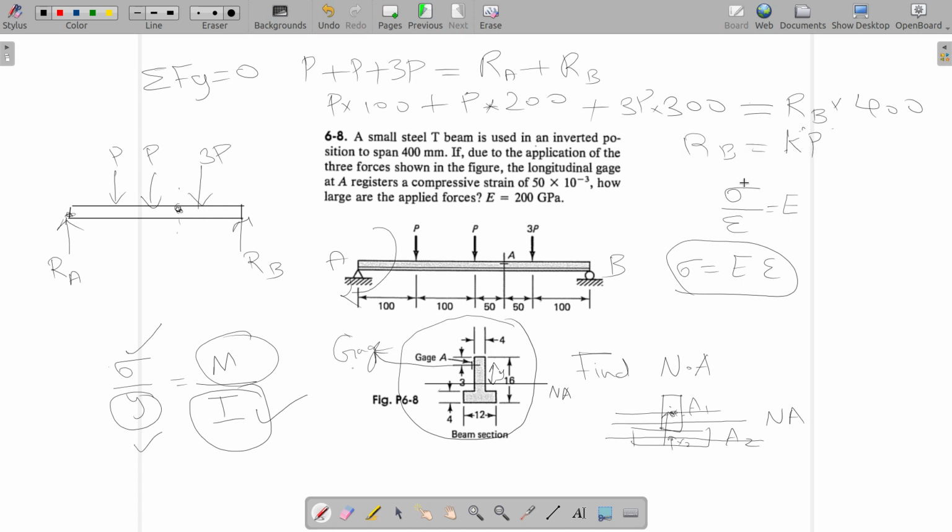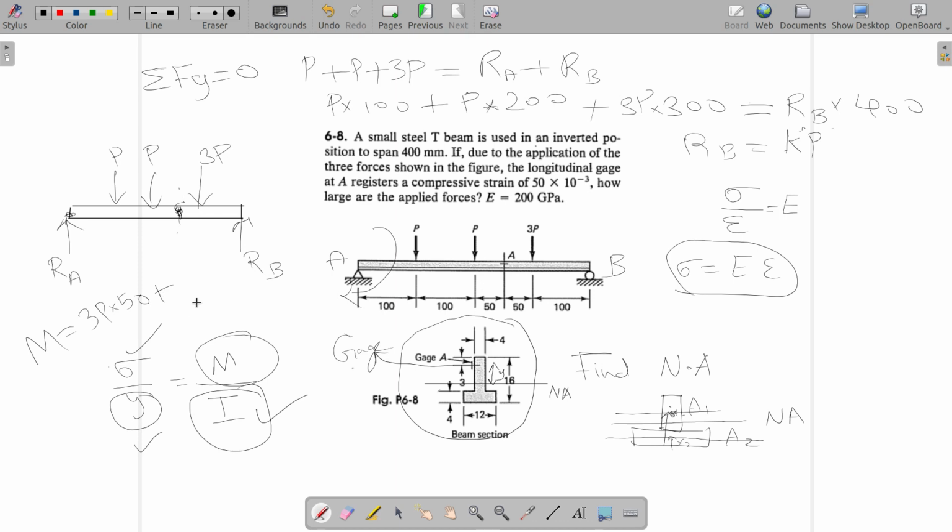Now once you have Rb, you can find out the moment at this point. You can take out one of the sections, and the moment about this point, which is our M, will be 3P multiplied by this distance, that is 50, minus.